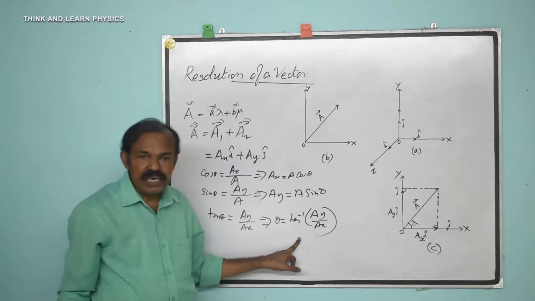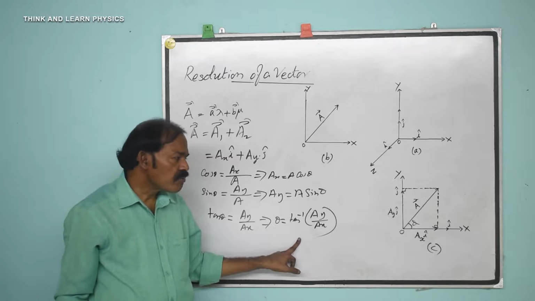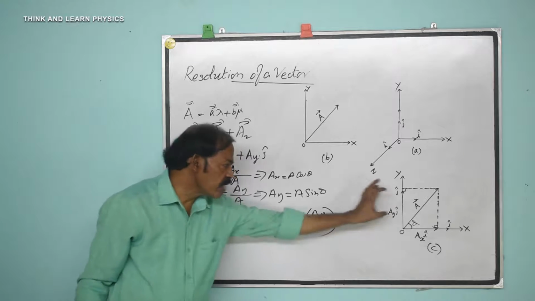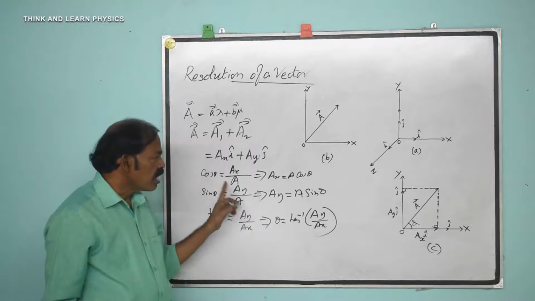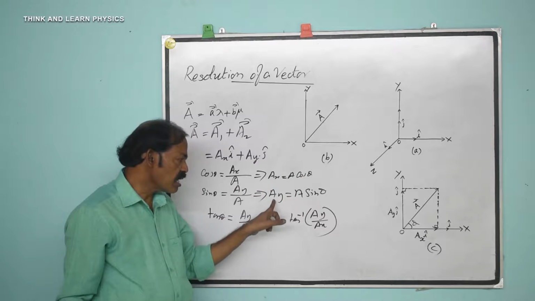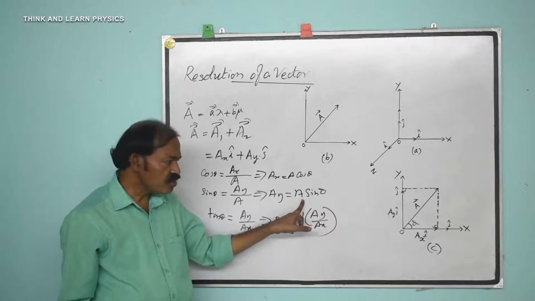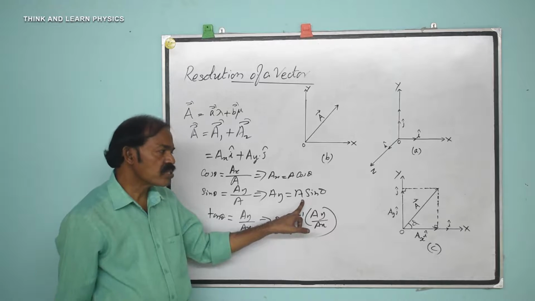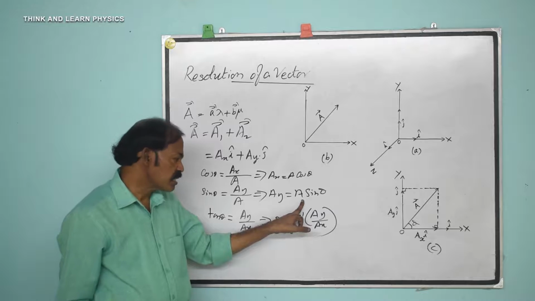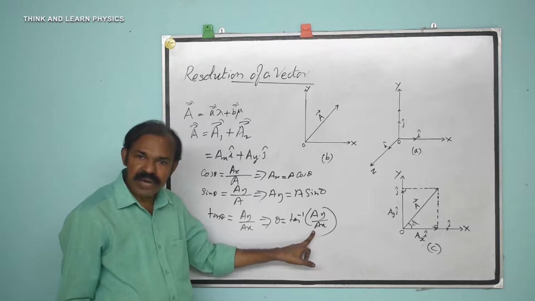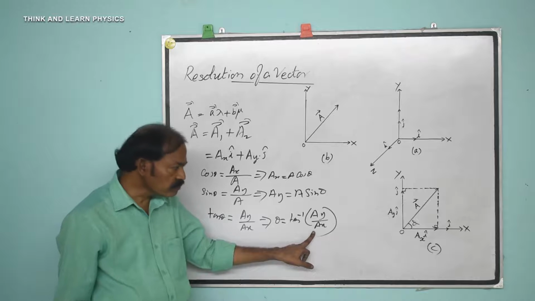Thus we obtained the magnitude of the x component and y component as Ax equals A cos theta, Ay equals A sin theta, and also the angle made by the vector with the positive direction of x-axis as theta equals tan inverse of Ay divided by Ax.